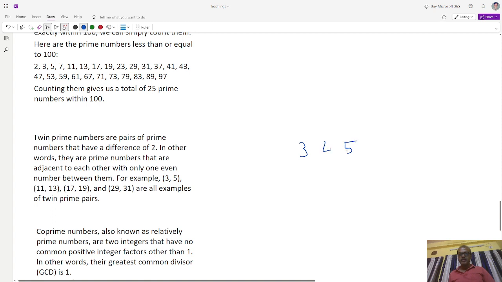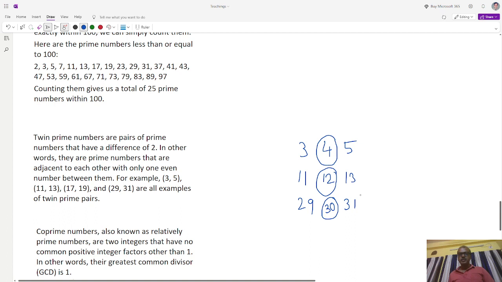In between 3 and 5, there is only one even number, that is 4. Similarly, in between 11 and 13, there is only one even number, 12. And for 29, 31, there is also an even number, 30, in between.